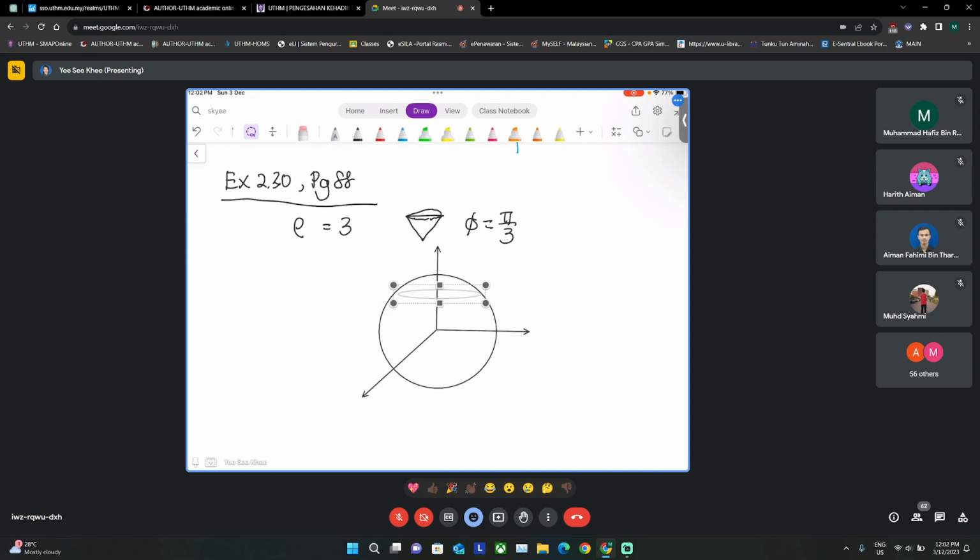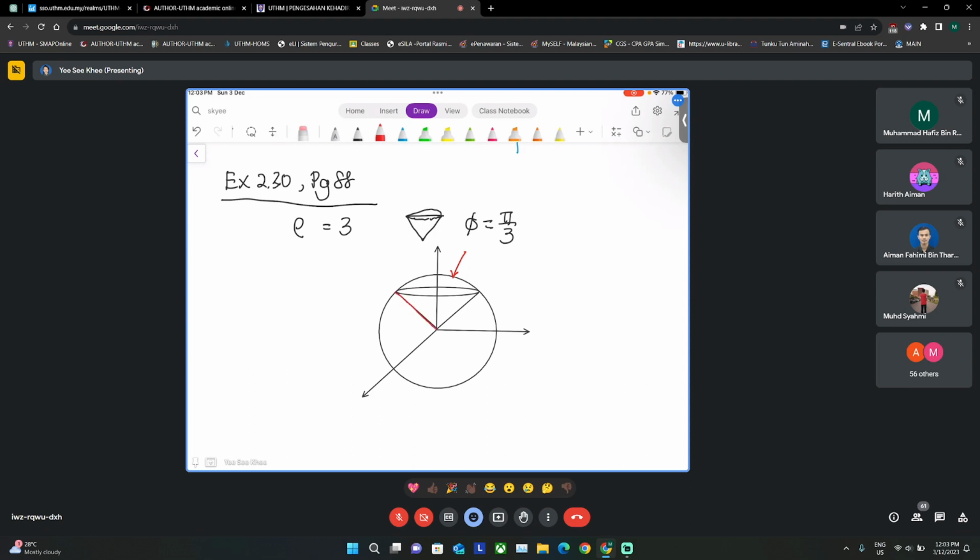So the solid bounded above by a sphere, and also below by the cone.